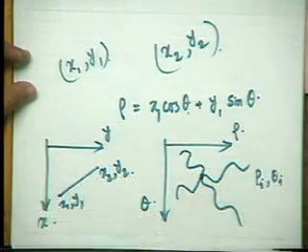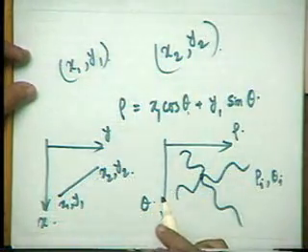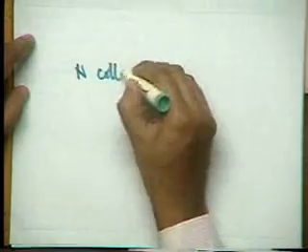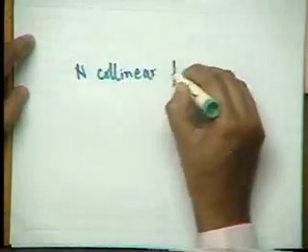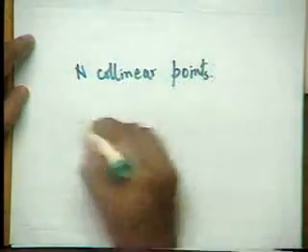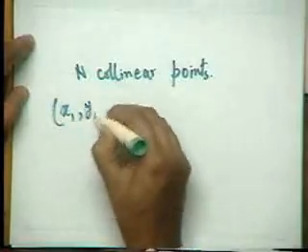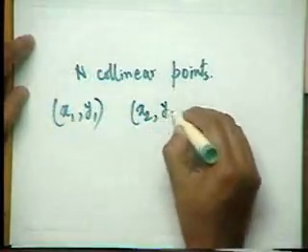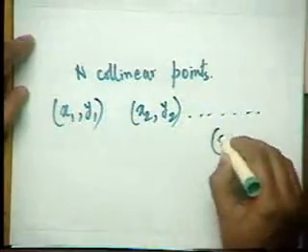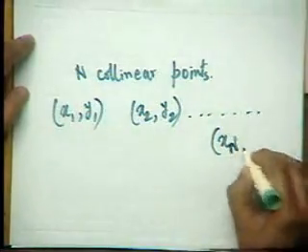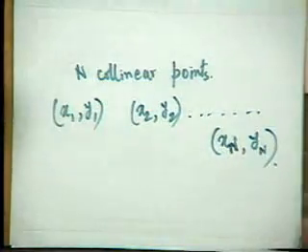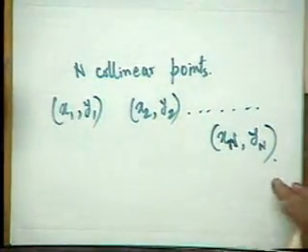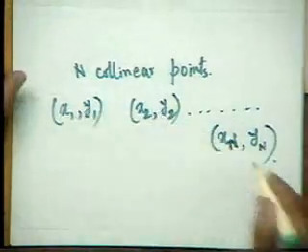Now instead of 2 points, if I have n number of collinear points whose coordinates are x1 y1, x2 y2, etc. up to xn yn, then for each of these points I will have one sinusoidal curve.